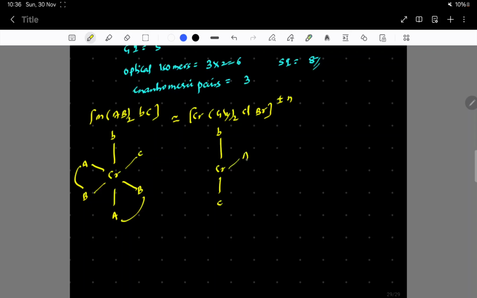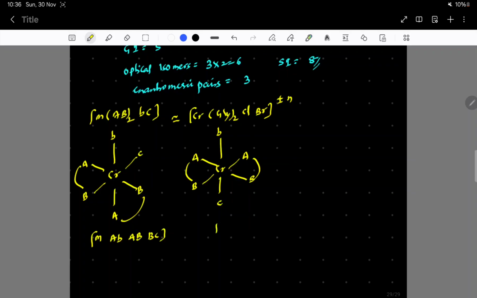Now this is A B. Okay, so this will be, now you can check the combination, student. M, this will be AB and BC. This is one combination.